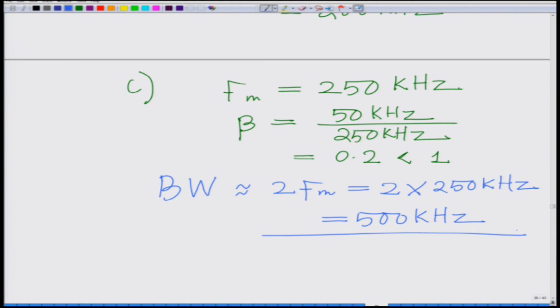That is the net bandwidth of the signal using Carson's rule. Of course, here because beta is not very small in comparison to 1, I can also use the exact expression from Carson's rule. However, since beta is fairly small, one can choose also to use the simple approximation that the bandwidth is simply twice FM, where FM is the frequency of the modulating signal.